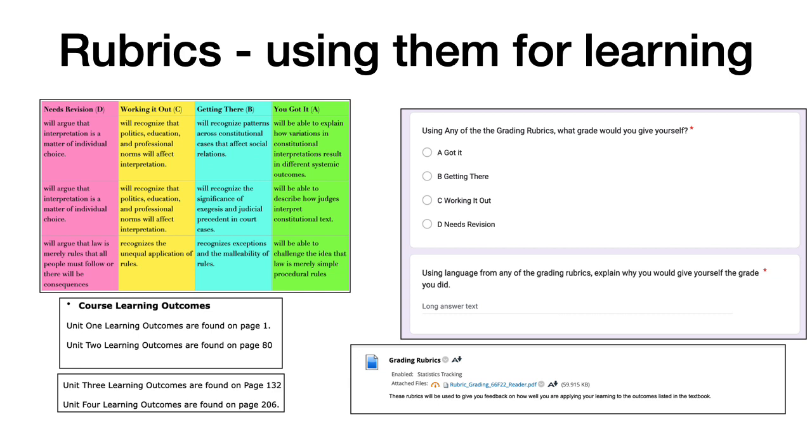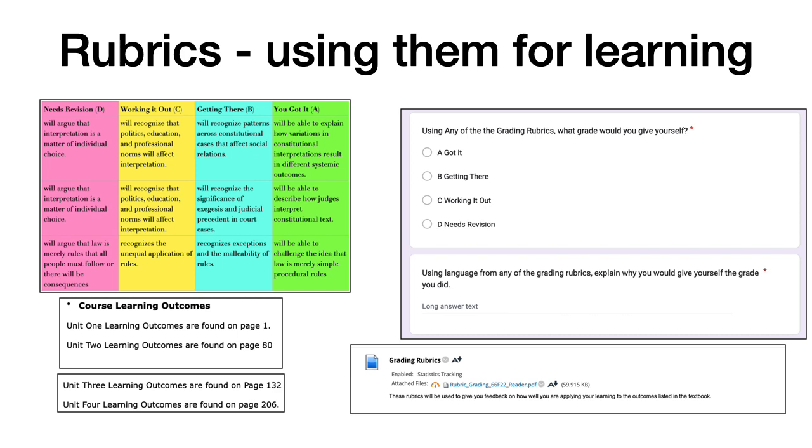So this shows you, if you're saying you're struggling with this thing, I say, well, you seem to be recognizing the unequal application of rules, but you're still referring to them as simple procedure, right? That there isn't any human agency, that there isn't any implicit bias, that these rules are somehow in your mind operating all by themselves.